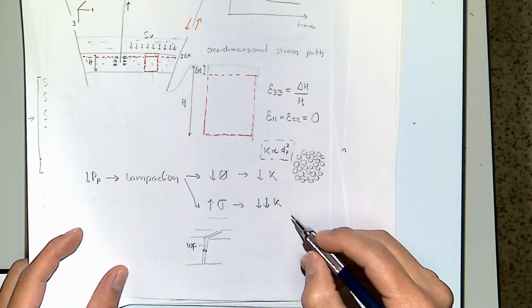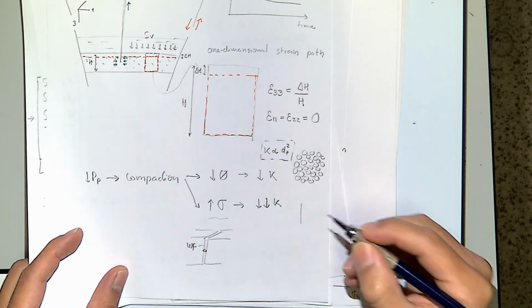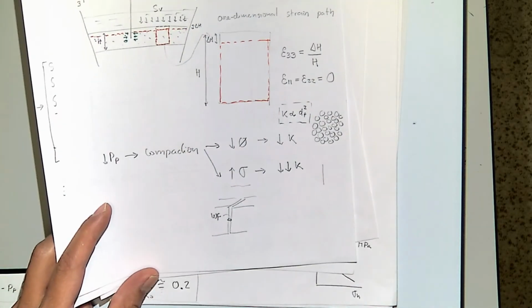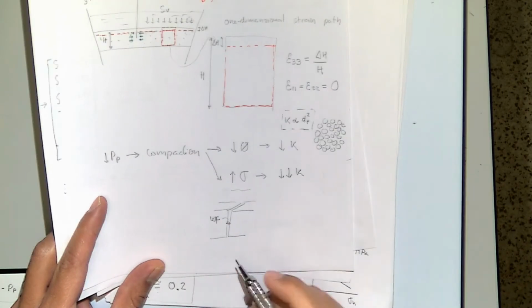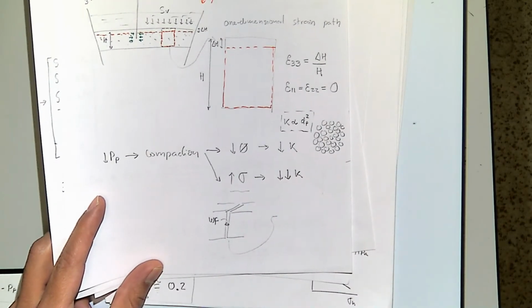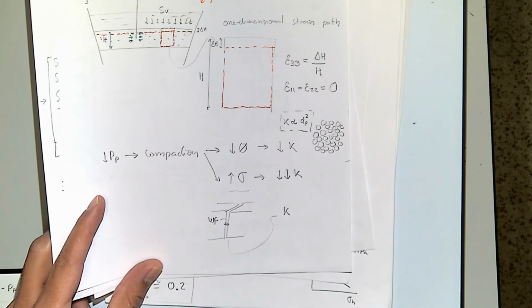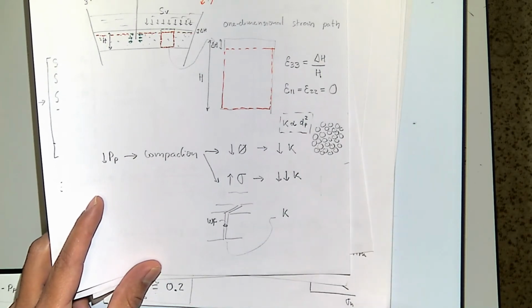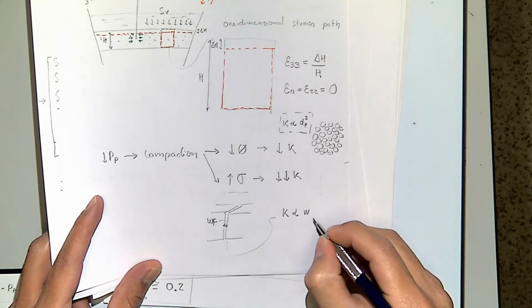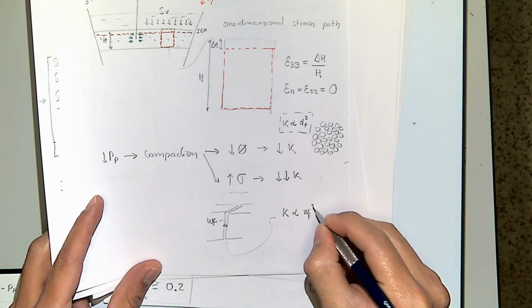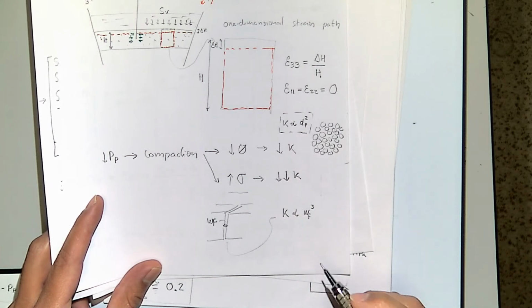And when you have a fractured medium, I already have the fracture over here. Do you remember the equation for the permeability of a fractured medium? It's similar to this one, but in this case permeability is proportional to the cube of the fracture width.